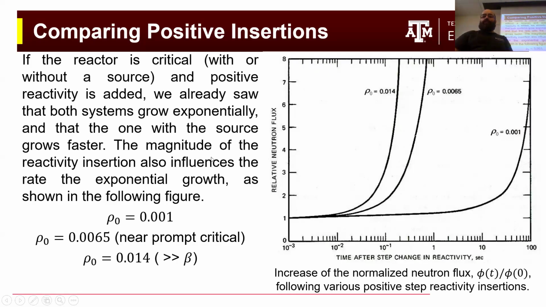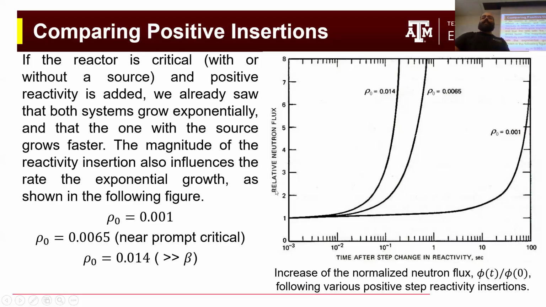And these insertions are given in similar numbers to beta. For example, the insertion of 0.0065 is very close to the beta value for uranium fuel. So this is showing if you have a positive insertion that's less than beta, then your system grows exponentially, but it takes a while.